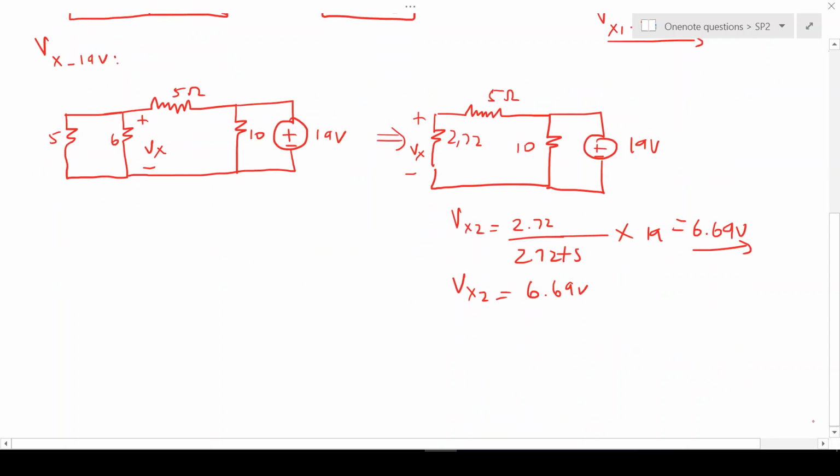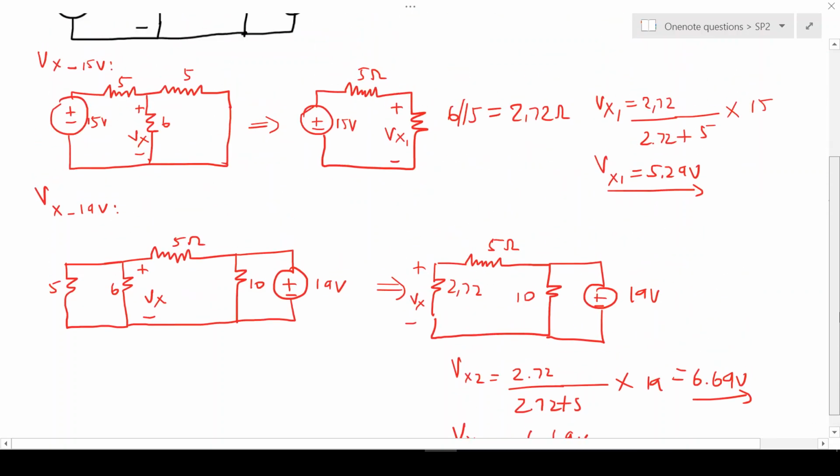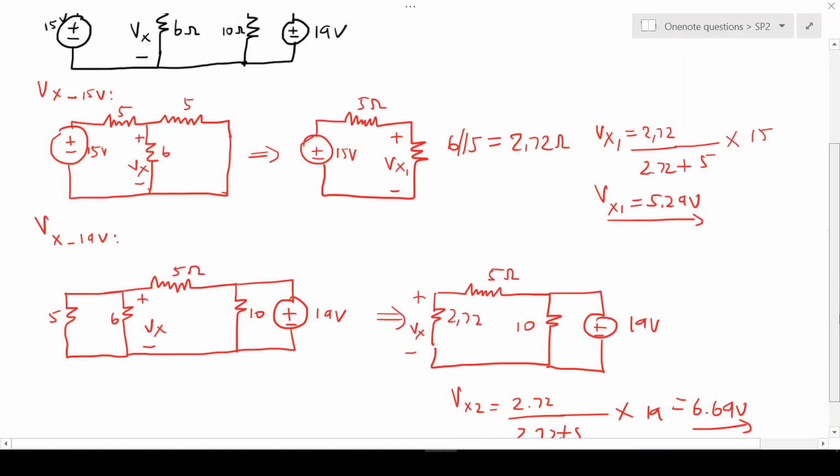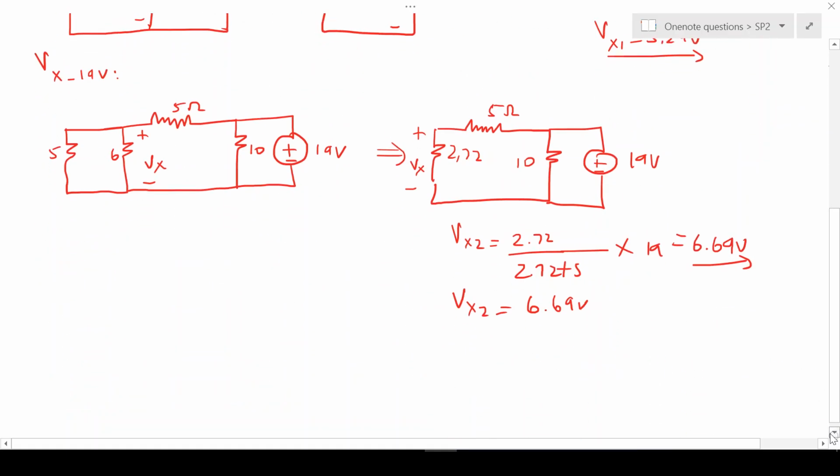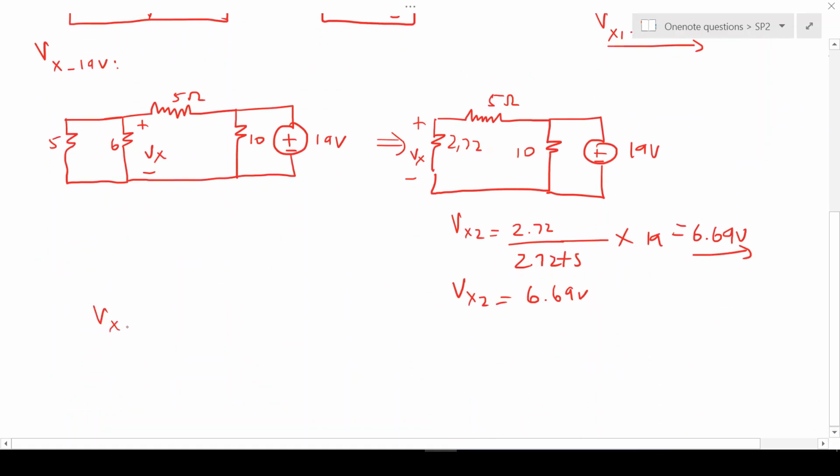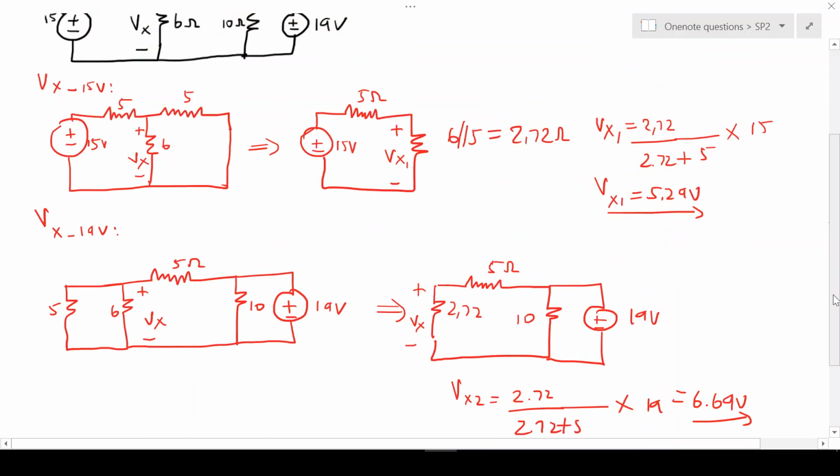Finally, we look at the final source, which is the current source. So if we determine Vx due to the current source, then what's going to happen is the current source will be active, whilst the other sources will then be deactivated.